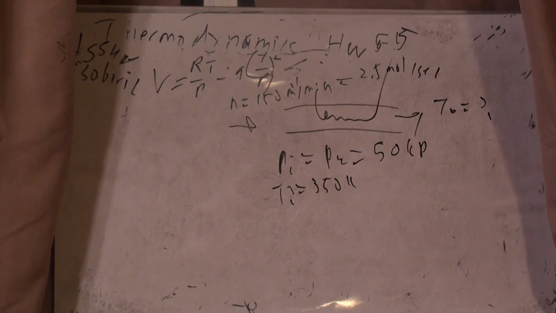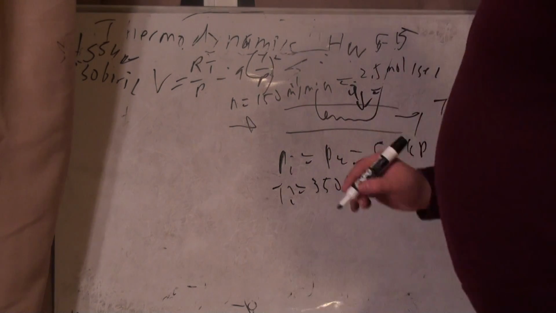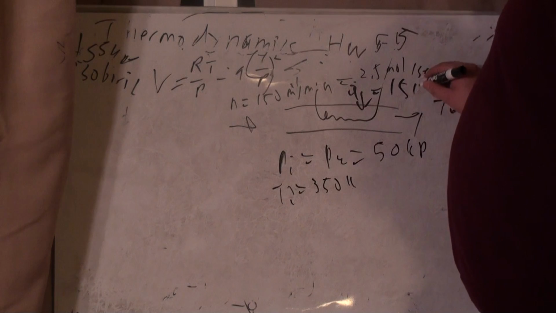Okay. The heater is a 15 kilowatt heater, so Q is coming in here at 15 kilowatts. But the lack of insulation leads to a heat loss at a rate of 200.